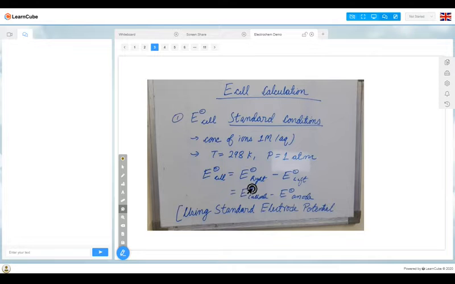In the right part we always use the cathode, and in the left part we use the anode. So this is also called E of cathode minus E of anode. We'll use this equation to calculate the cell potential of the Daniel cell.